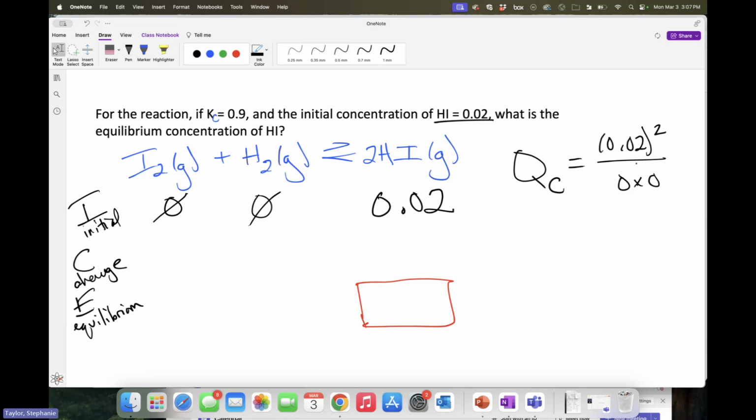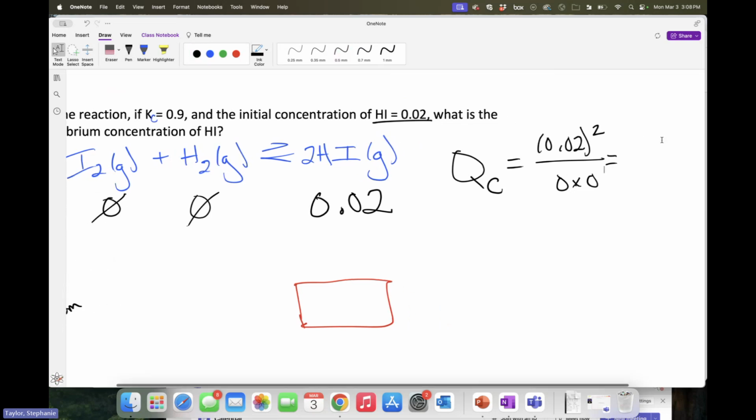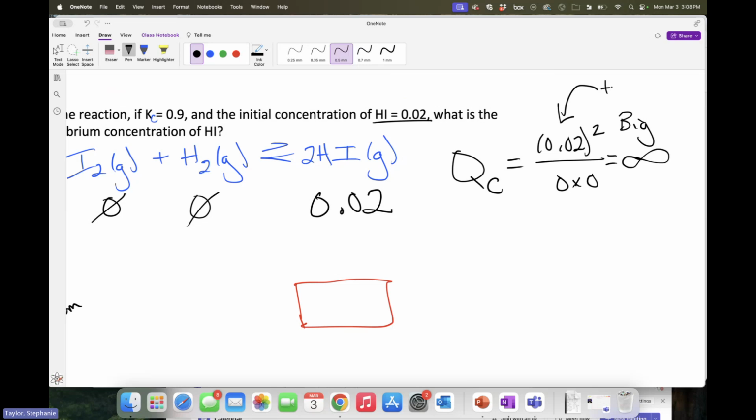And we can't really divide something by 0, but essentially when you divide something by 0, we can say that it's ridiculously large. I know we could have a lovely discussion about the mathematics of dividing by 0, but we're just going to say that this is more or less infinity. This is super large, really big. Or another way to say that is that I have too many products.